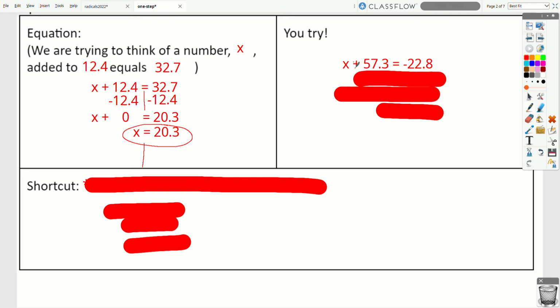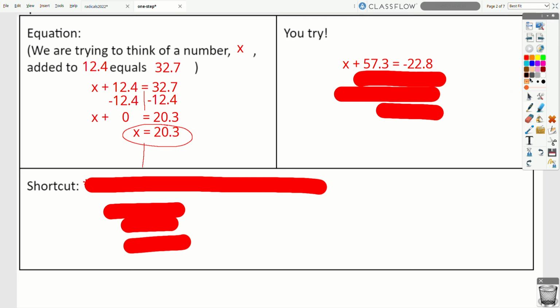Let's try it on this one. We have a number x plus 57.3 equals negative 22.8. In order to find that number x, we want to do the opposite of addition. We want to subtract the number that's next to x. We want to subtract 57.3 from both sides of this equal sign.